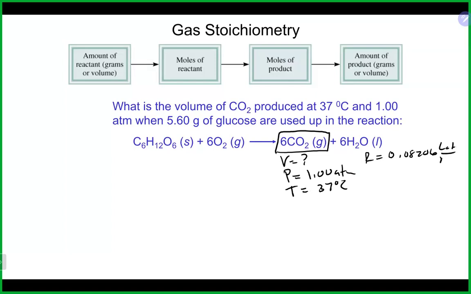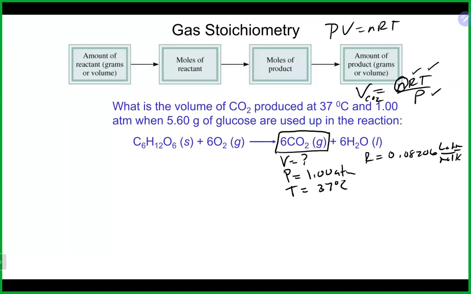So if we think about our ideal gas law, PV equals nRT, and solve for V, which is nRT over P, for our CO2, we check off what we have up front. We have the temperature, we have the pressure, we have R. The one piece of information we're missing to actually solve the problem is the moles of the CO2.